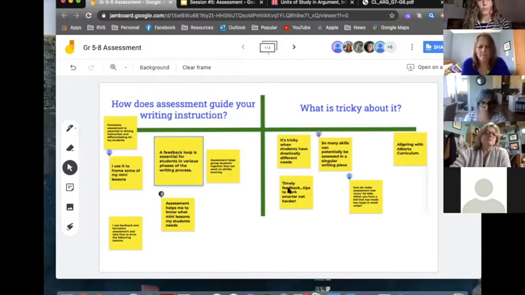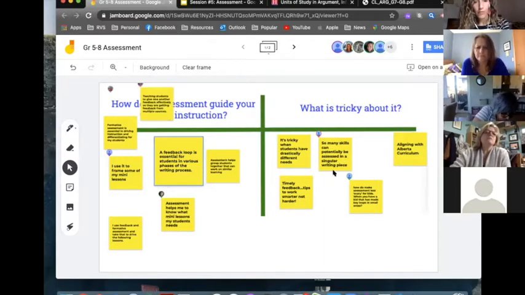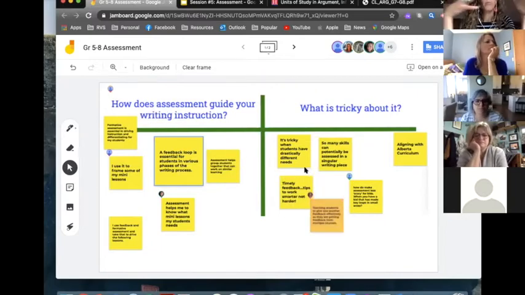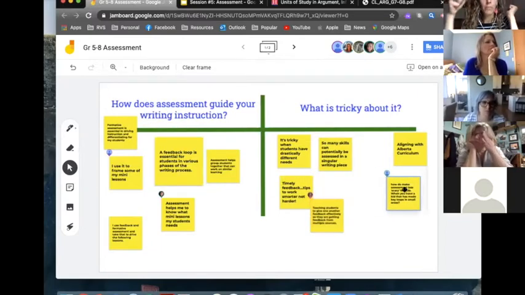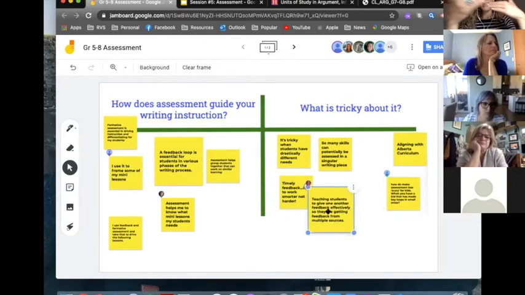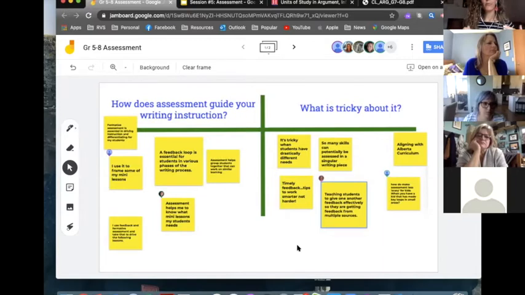Just something I want to add, Jody, about the feedback loop, especially now in this online environment and not knowing what we would be dealing with next year. One of the things that it's dangerous to fall into in an online delivery is to just assign the work and then evaluate it, right?